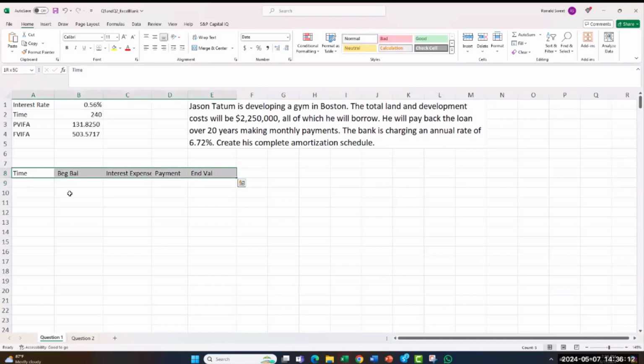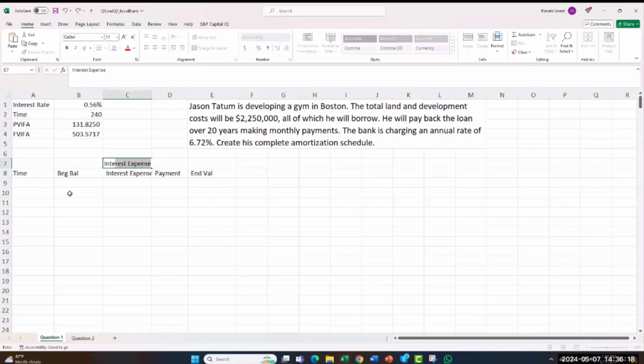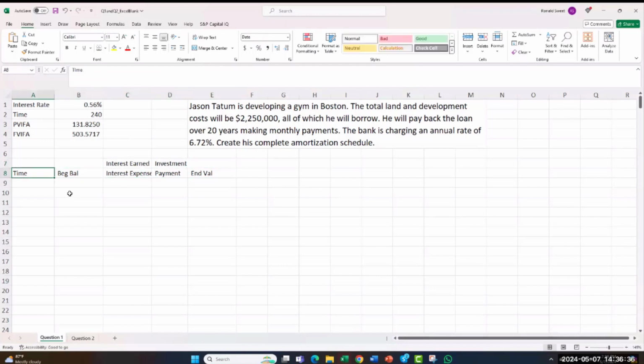Remember those 4 columns? If it's a present value, it's interest expense and a payment. If it's a future value, it's interest earned and it's an investment. So if you're investing today, starting at 0, you're going to earn interest and you're going to make an investment. Here it's a borrowing case, so you're going to be using these columns.